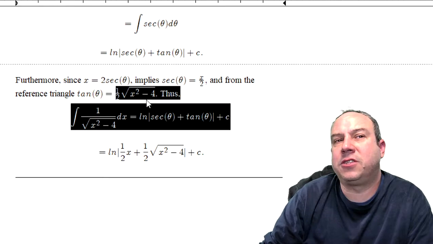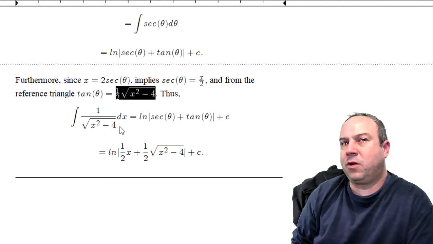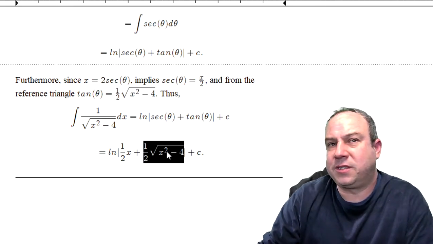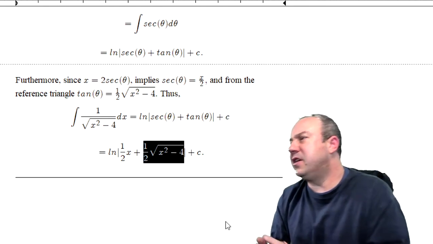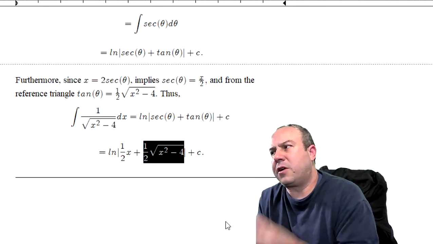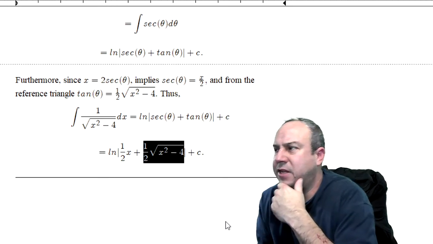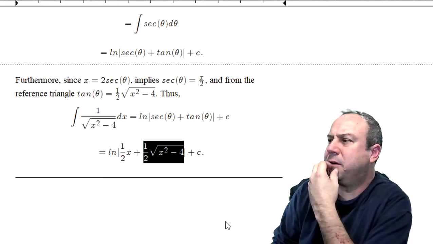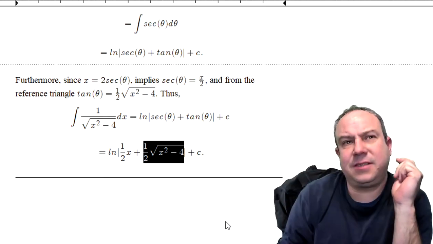And from our reference triangle, the tangent of theta will become 1/2 the square root of x squared minus 4, which gets substituted in there. All right. This is trigonometric substitution, folks. It's our third technique in what is going to be 4 specific techniques we look at this semester. All right. I will work through a few more of these in class.